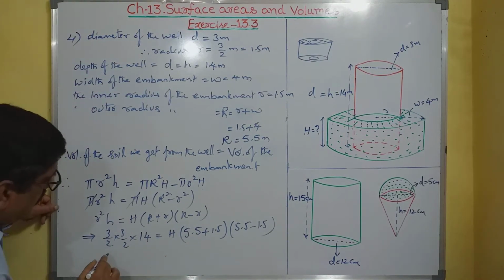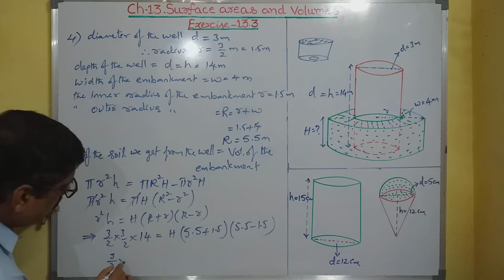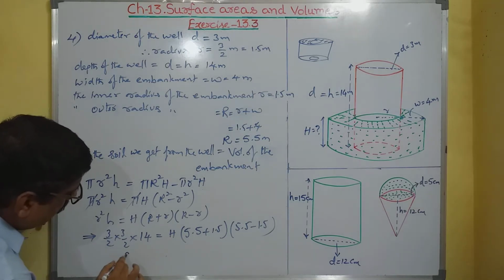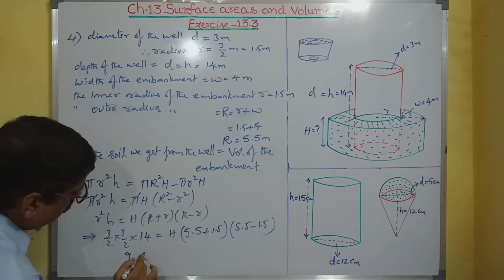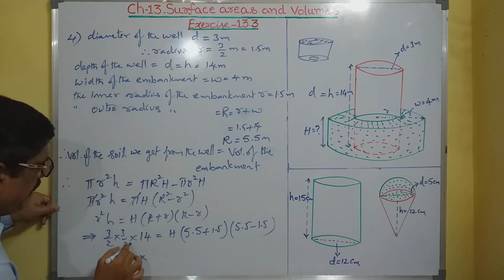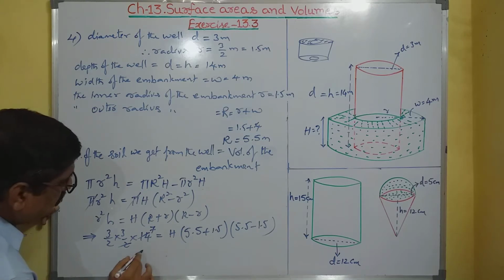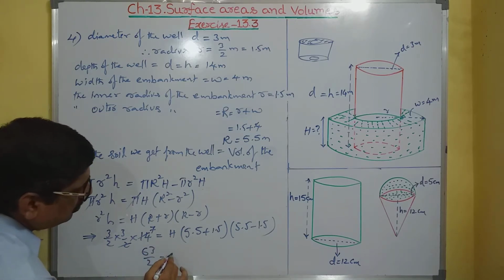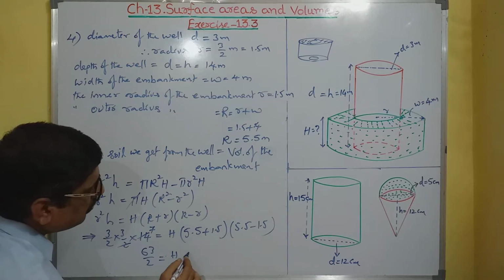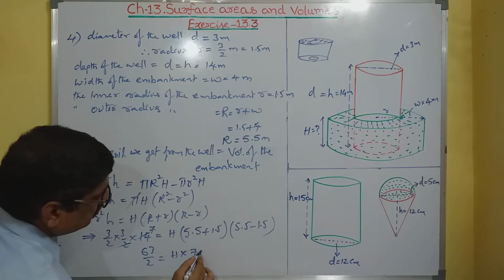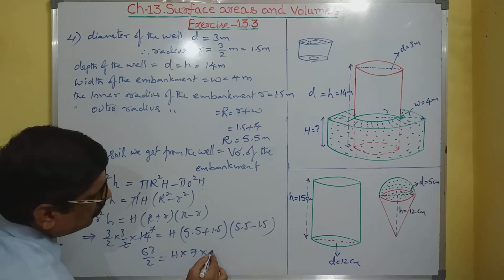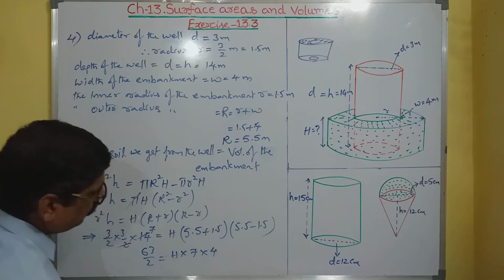Now 3 by 2 into 3 by 2. So then let us take it as 9 by 4 into 14. Cancel 2 7s are 14. So 3 3s are 9, 9 7s are 63. 63 by 2 is equal to H into 5.5 plus 1.5 is 7 into 5.5 minus 1.5 is 4.